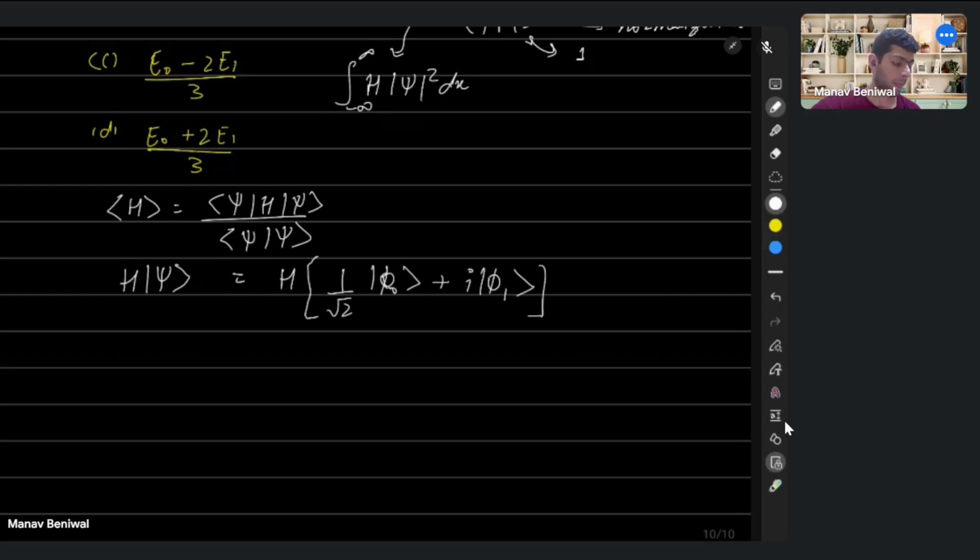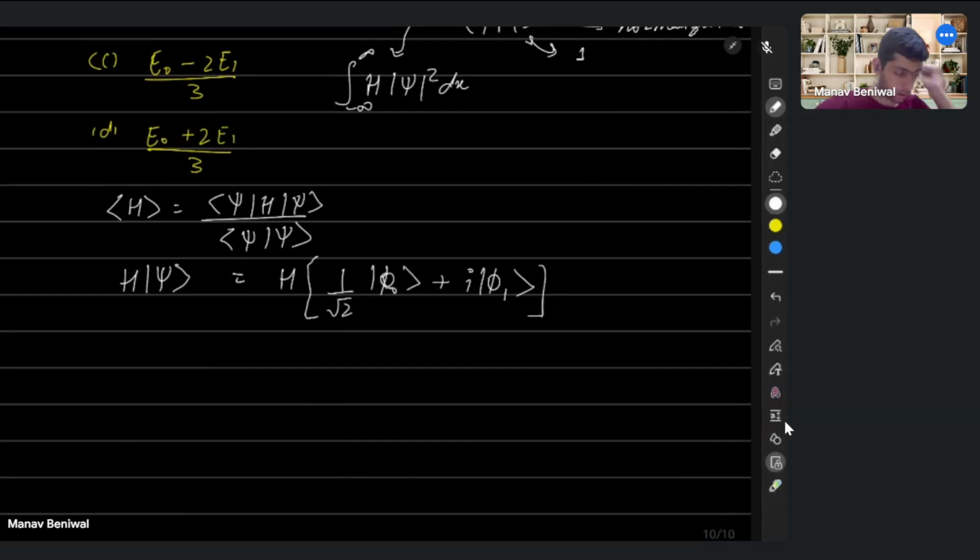Now if we operate the Hamiltonian, we know that H of phi naught is E naught phi naught and H of phi 1 is E1 phi 1.